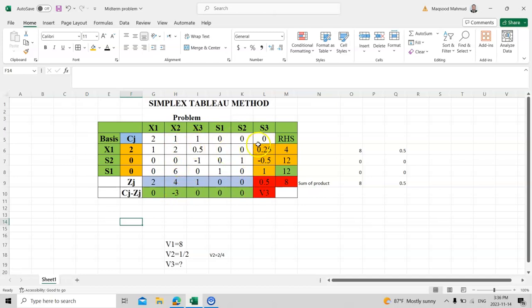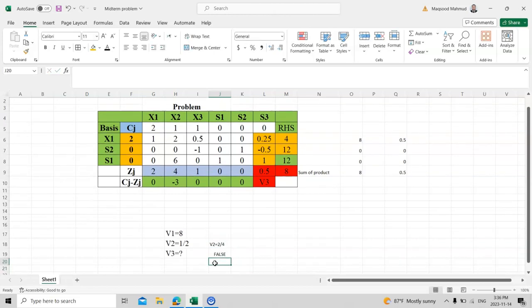Repeating this, 0 minus 1 by 2 gives 0 minus 1 by 2, and this sign is minus, so it is minus 0.5. Basically 0.5 is 1 by 2, so you can write minus 1 by 2, or minus 2 by 4 if the answer is given in that form.